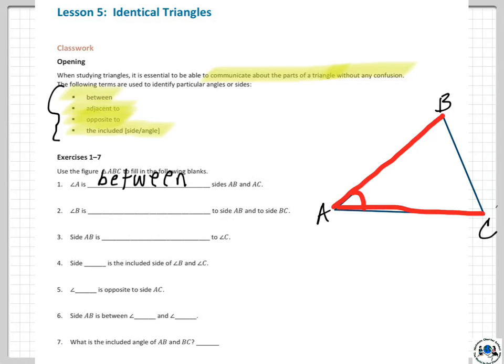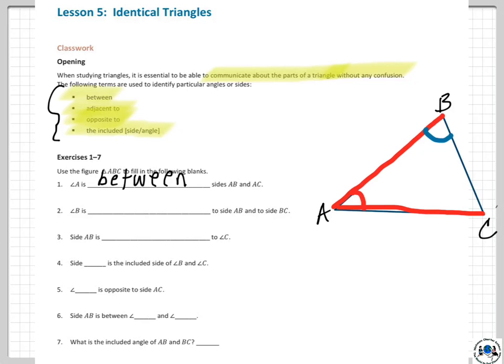Now angle B. Let's get rid of all that. So here's angle B, I'll just do it in a different color. Okay, we're going to really fill this up with color here.